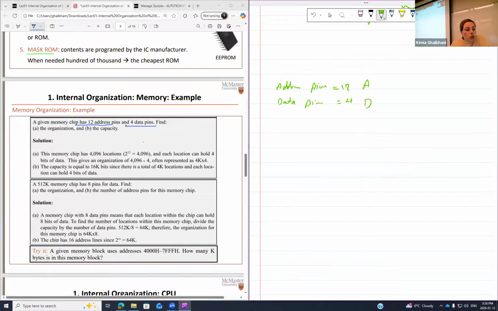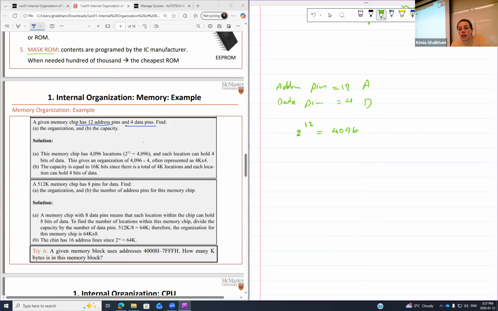I have been asked to look at the size of it. Remember the equation? It's 2 to the exponent of the address pins, times the data pins. How many address pins do I have? I have 12 of them. 2 to the power of 12, if you use your calculator, becomes 4096.